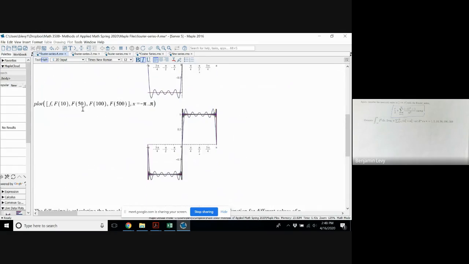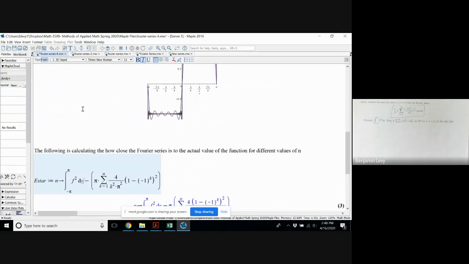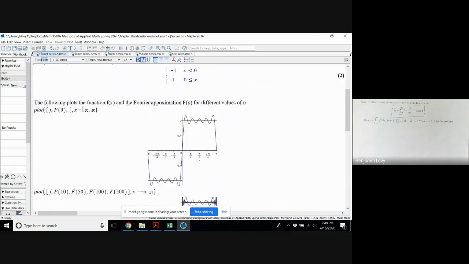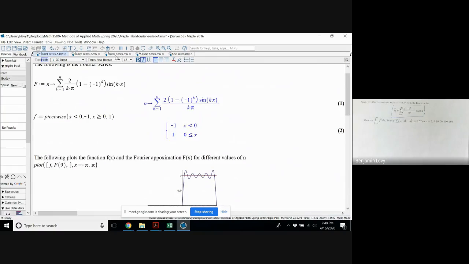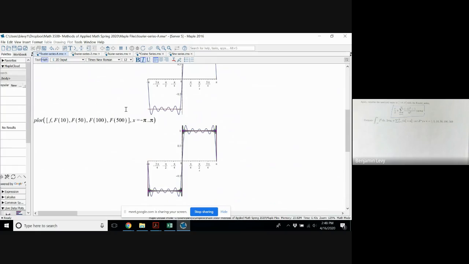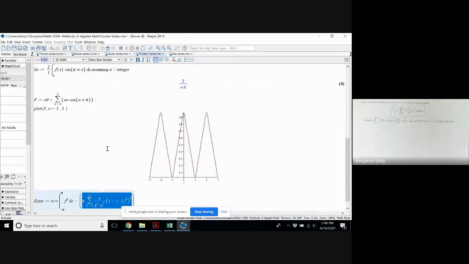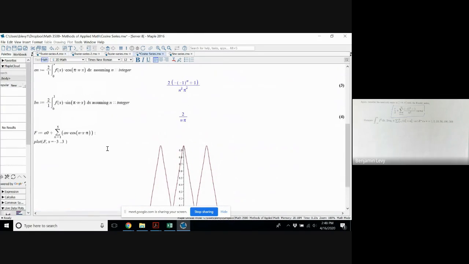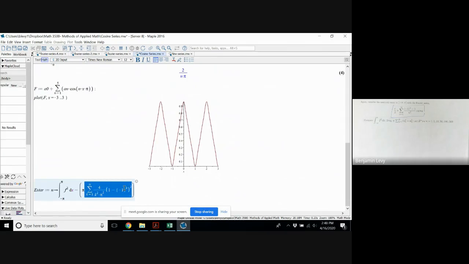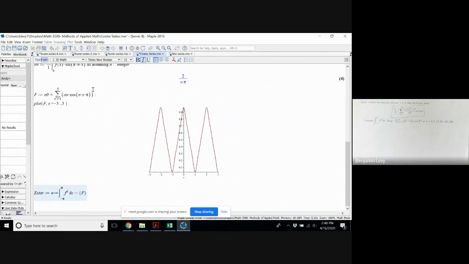Is that right? Yeah. And so maybe we could just plug this in. So what if we just called this F? I'm not sure that's going to work. Let's try it.